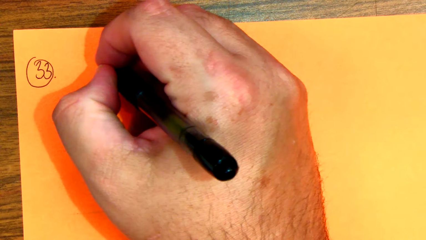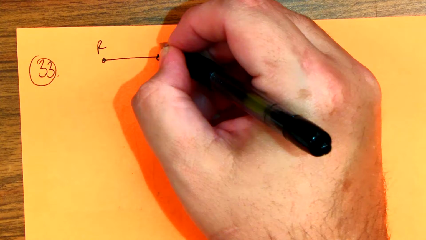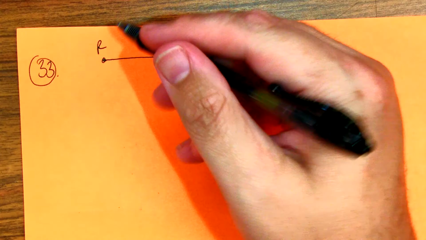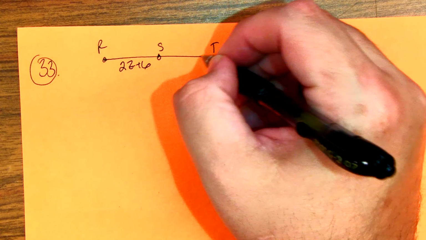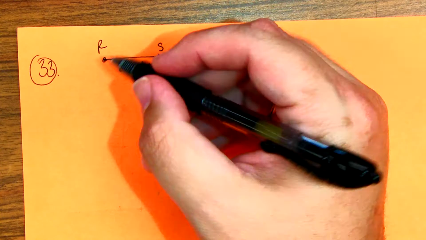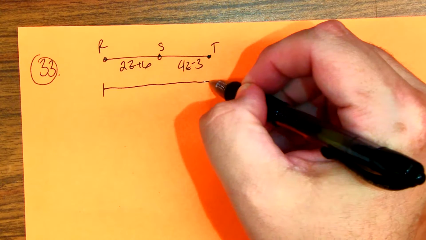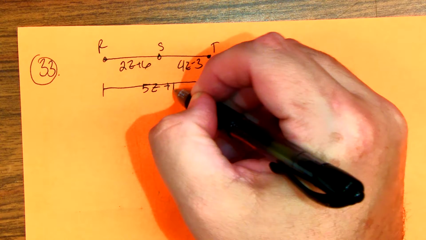Right, so for number 33, it said you have S between R and T. So there's R, there's T, there's S. And you're given RS is 2Z plus 6, ST is 4Z minus 3, and the whole thing from here to here is 5Z plus 12.